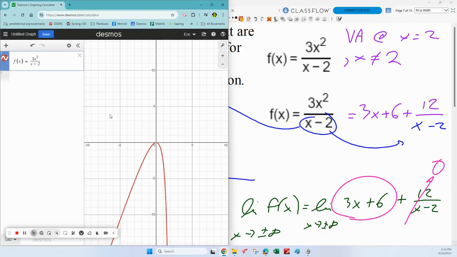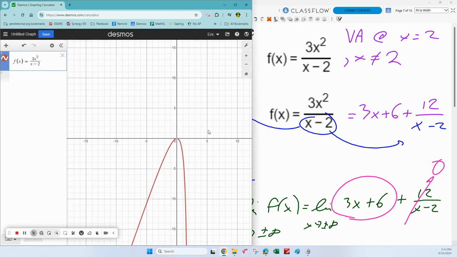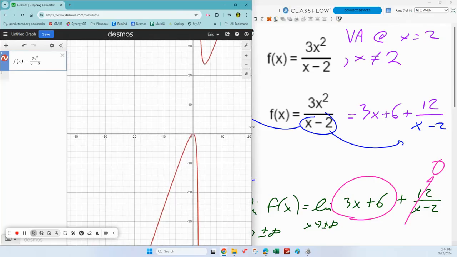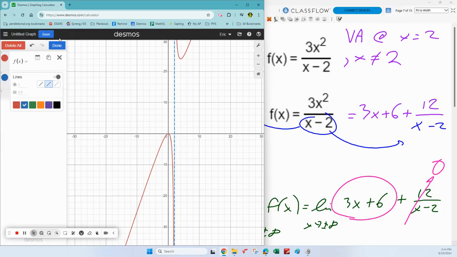Okay, so we said, now look at this picture, right? We said that this thing has a vertical asymptote at x equals 2, which it does, right? We can now see that if I graph the line x equals 2, that's the vertical asymptote. Right? There it is. Everybody agree?